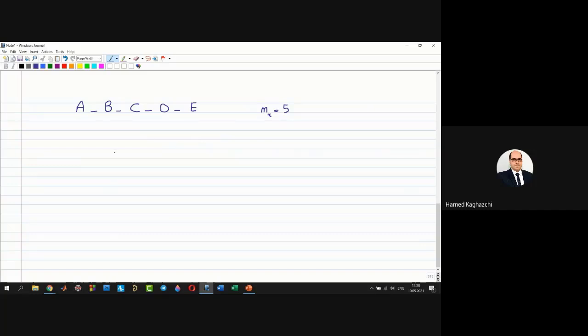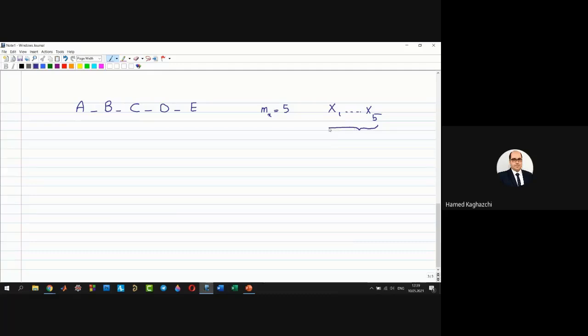Now, for representing these symbols x1 up to x5 in binary numbers, minimum how many bits do I need? 15?